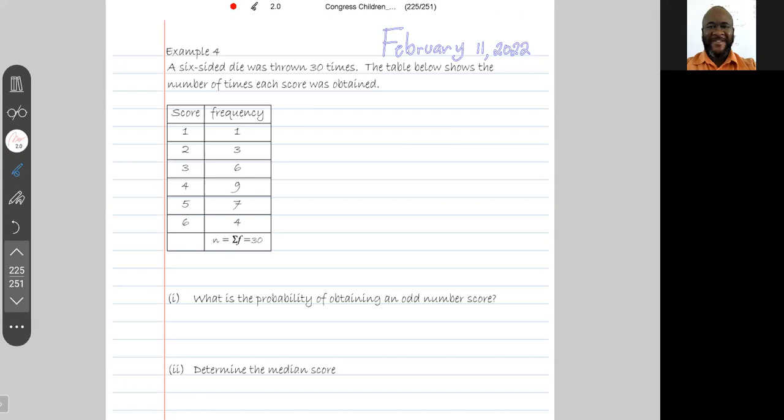Now, if you throw a die 30 times, you're going to get 30 scores. Normally, when you throw a die, you record the number that is on top when the die stops moving.